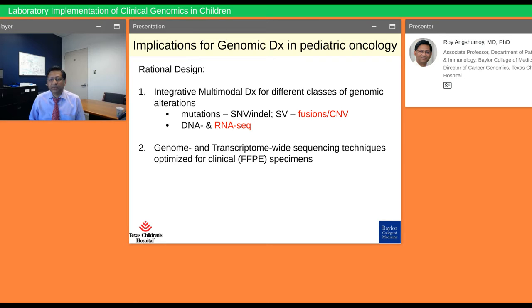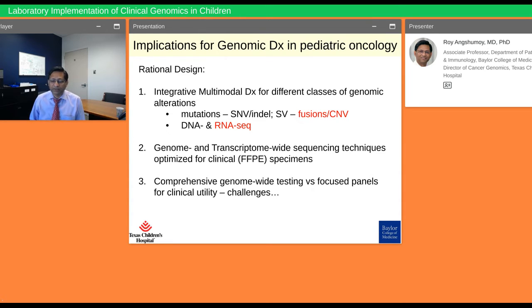The methods need to be robust and scalable enough for fairly low quality specimens in the pathology laboratory that are typically FFPE specimens, or formalin-fixed paraffin-embedded specimens. And then we are still trying to figure out in the clinical diagnostic space which tumor, when, and what type of methods are best suited in different types of tumors. In other words, genome-wide testing versus focused panels for clinical utility.